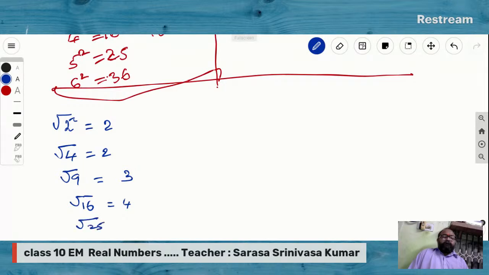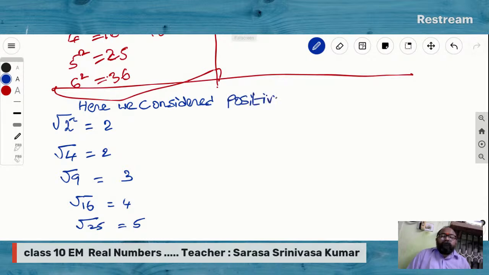Square root of 25 equal to 5. So we considered positive values only. Here we considered positive numbers, otherwise positive integers, in the examples.